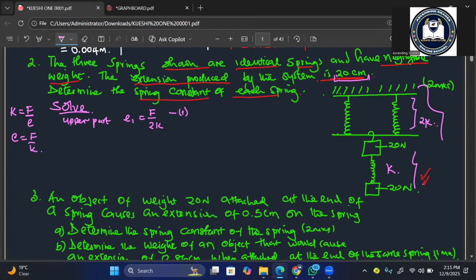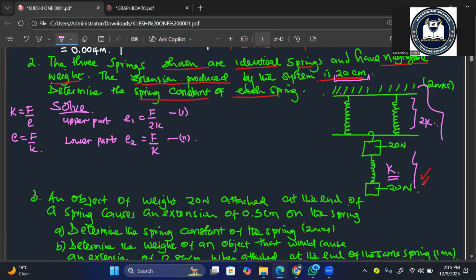Then the lower parts, we said is producing E2, which will also be given by force over K. Then we call that one equation 2.